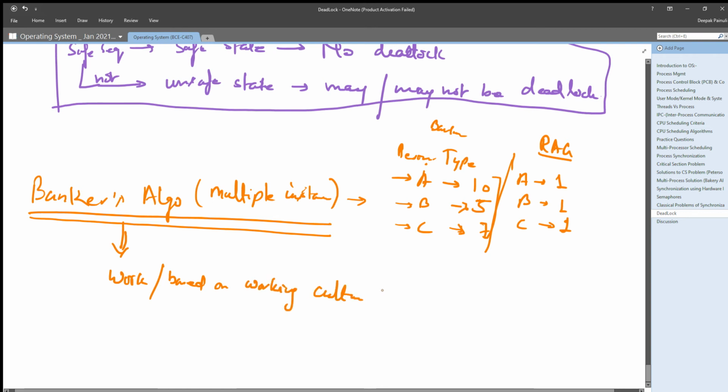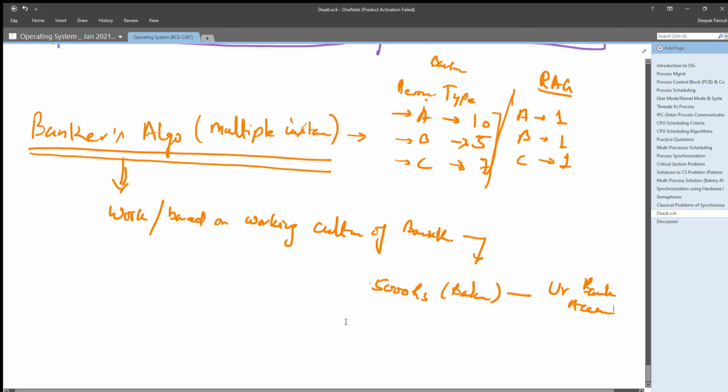See the example: if you have 5,000 rupees balance in your bank account, right?